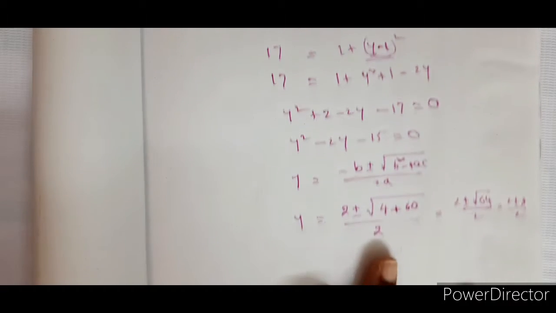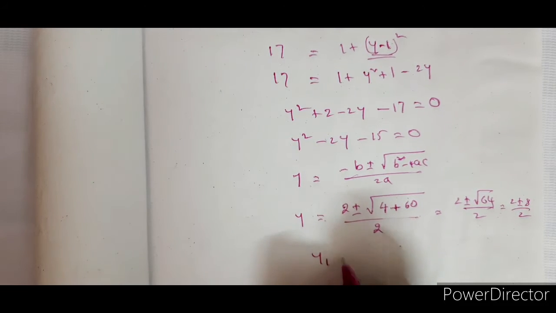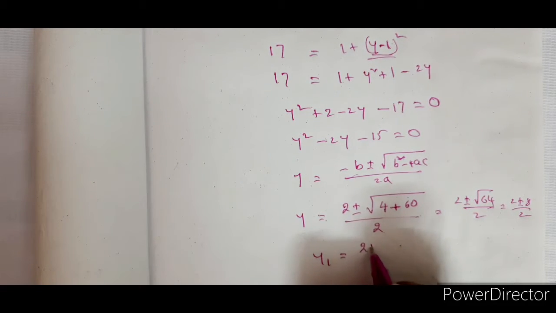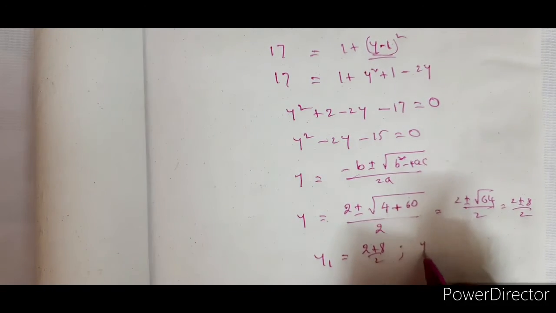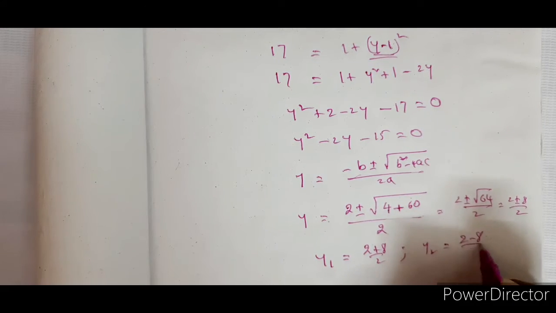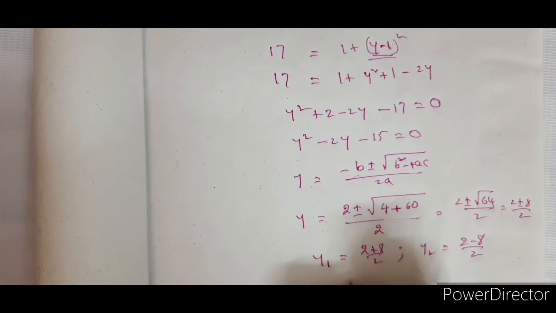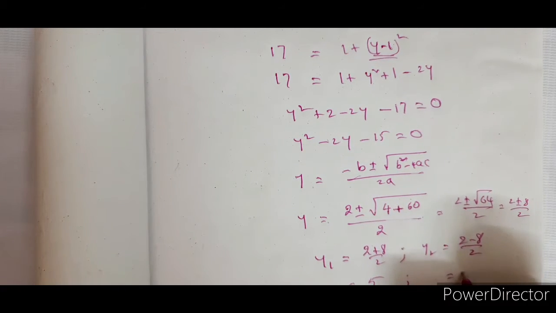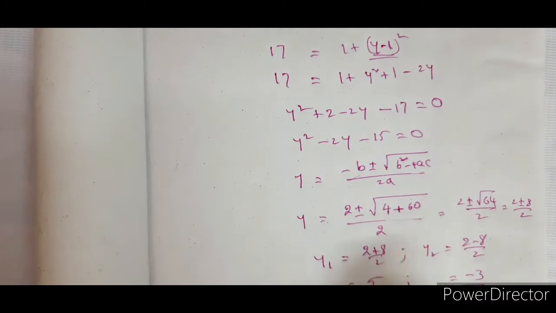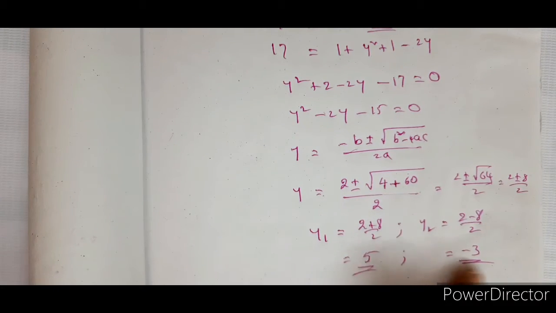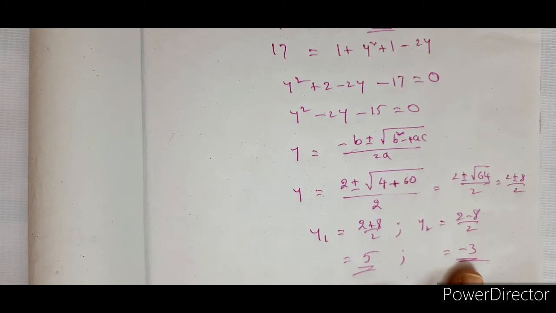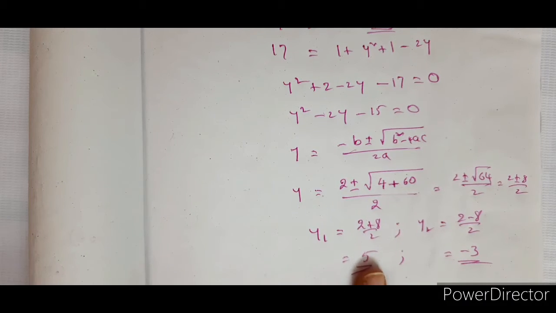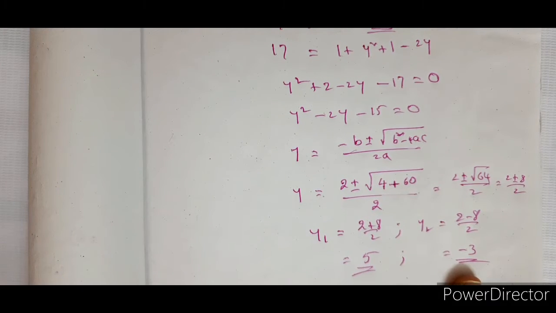So you have two values for y. Let us write it as y1 is equal to 2 plus 8 by 2 and y2 is equal to 2 minus 8 by 2. So this is equal to 10 by 2 is 5, and this is equal to 2 minus 8 is minus 6 by 2 is minus 3. So y can take any value, either 5 or minus 3. Clear?